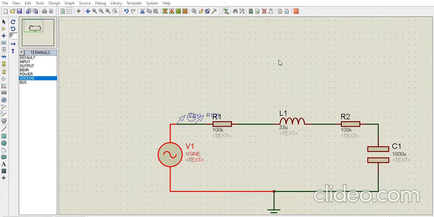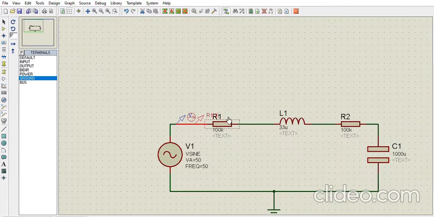Okay, so this one is current, so we just put this as V, right? So V, and this one we put as I, because it's easier for you to understand later on.